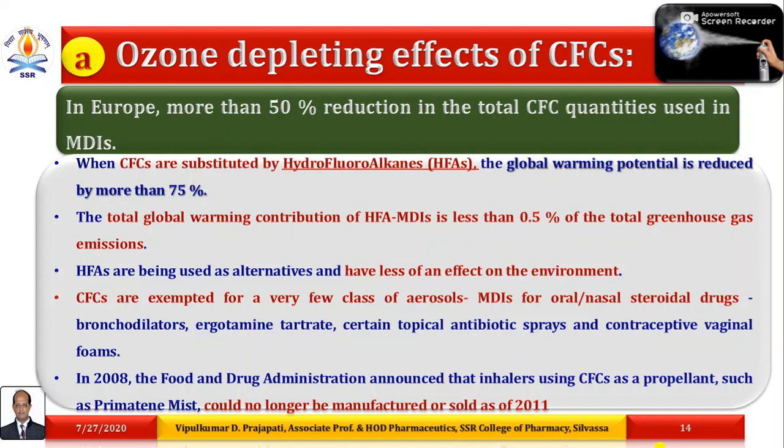The total global warming contribution of hydrofluoroalkane metered-dose inhalers is less than 0.5% of the total greenhouse gas emissions. Hydrofluoroalkanes are being used as alternatives and have less of an effect on the environment.